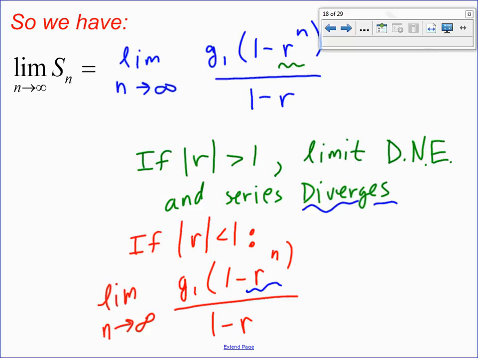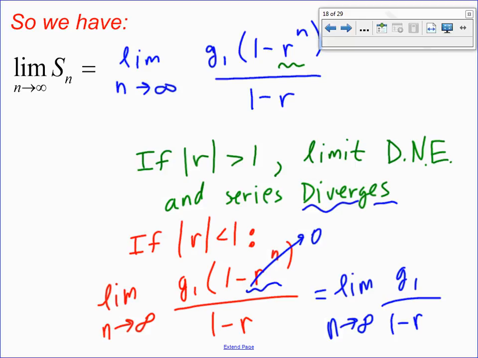Like 1/2. 1/2 to the 10th, 1/2 to the 100th, 1/2 to the 1000th. Well, that repeated multiplication makes this term go towards 0, which leaves me with the limit as n goes to infinity of g sub 1 times 1 is just 1 all over 1 minus r, and I've generated a formula for the infinite series of a geometric sequence when r is less than 1. This is a big deal.